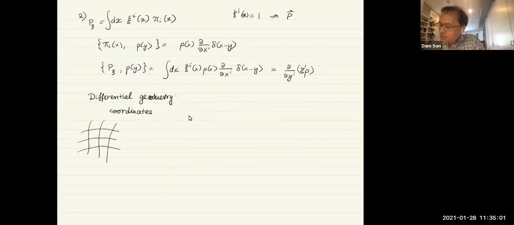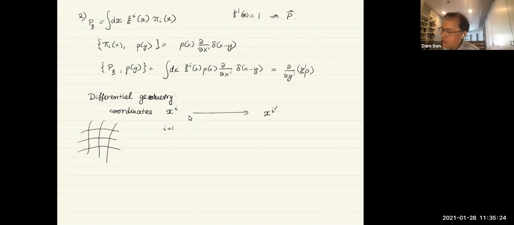So coordinate system x I. It's the way we attach three coordinates to each point. In differential geometry, we have a notion of coordinate transformation. Under a transformation, we go from one coordinate system to another, which we call x I prime.